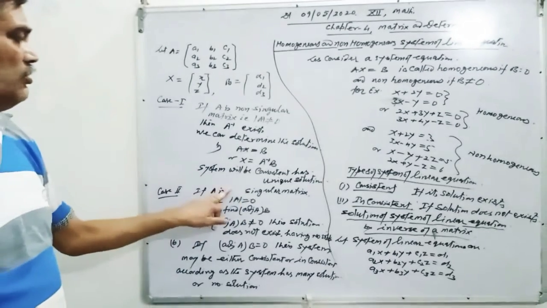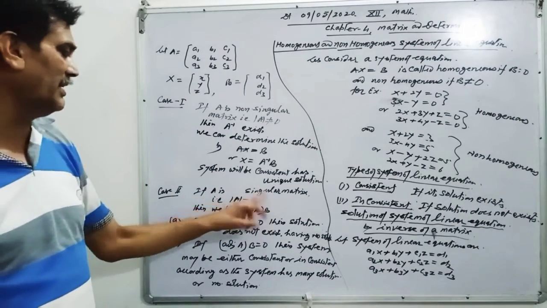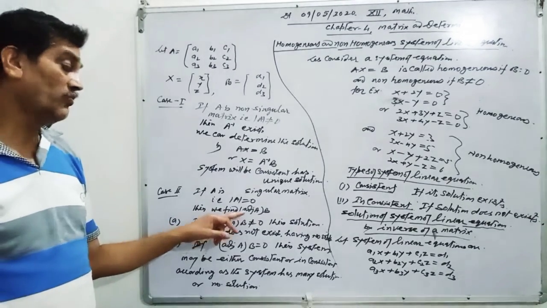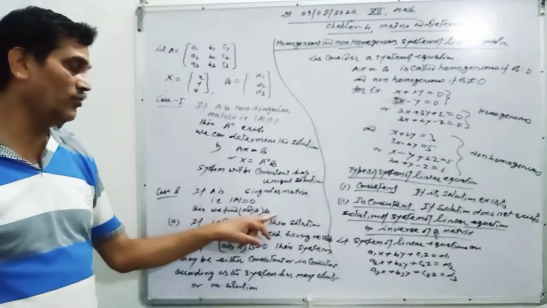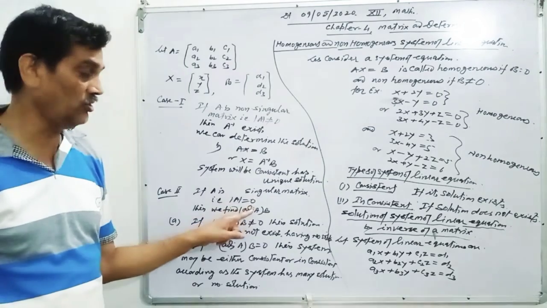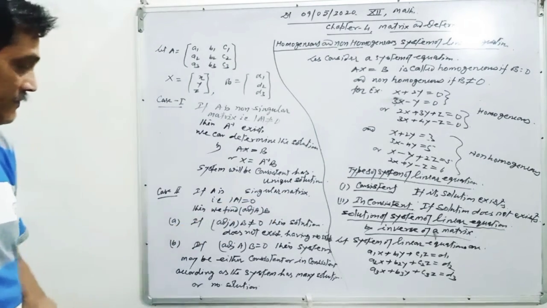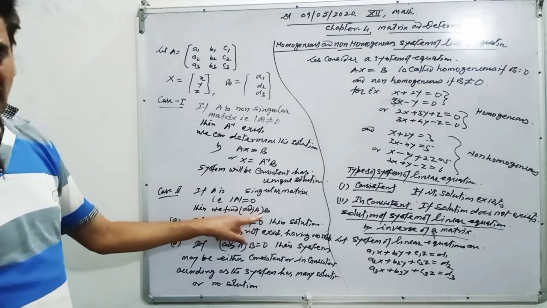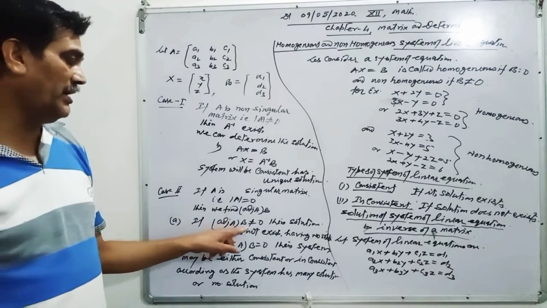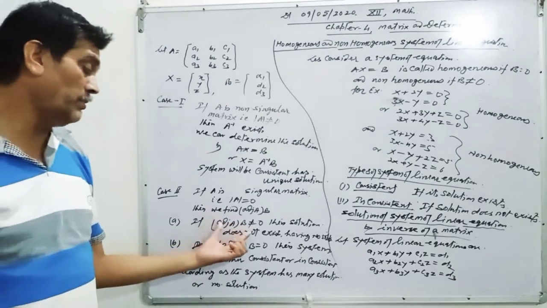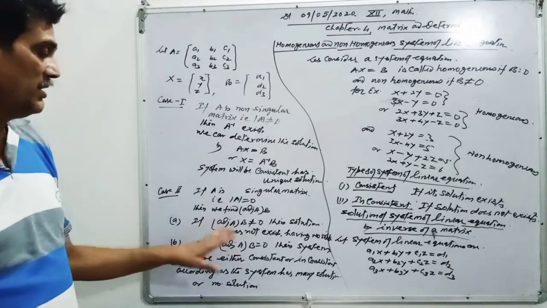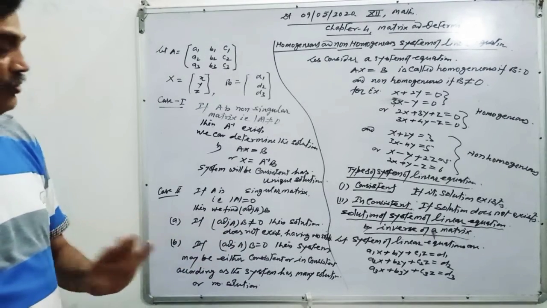If A is a singular matrix, that is determinant A is equal to 0, then we will find the value of adjoint of A into B. Now, if adjoint of A into B is not equal to 0, remember, then the solution does not exist, meaning it has no solution.